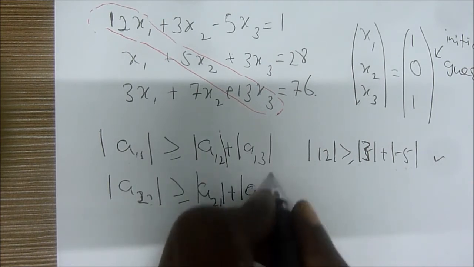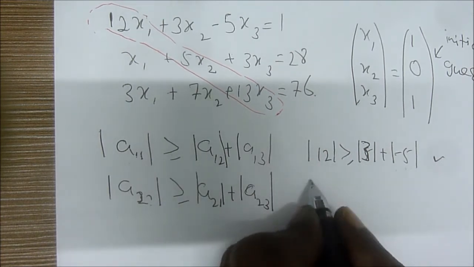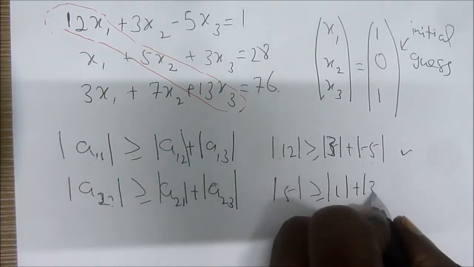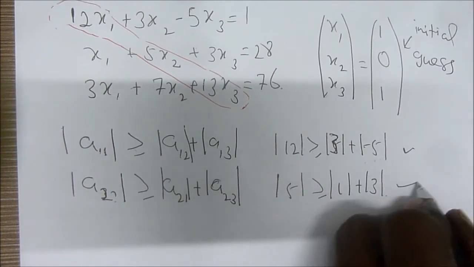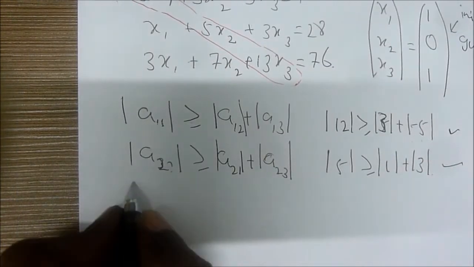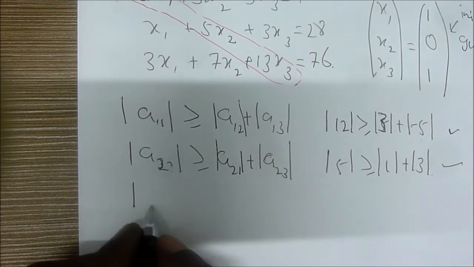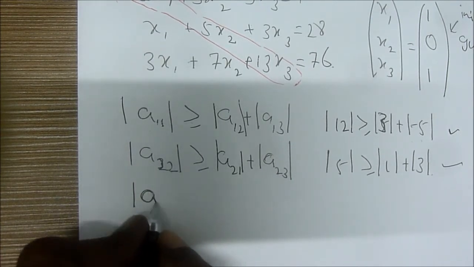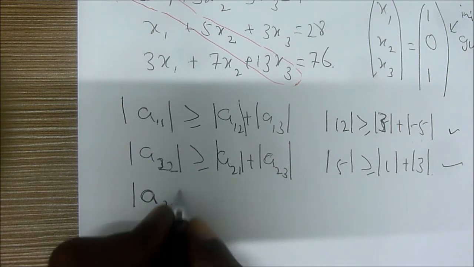Give me 1 minute. We need to take the modulus and check again at this part, whether we are taking care of the diagonal. Yes, this is less than. Now we need to check. You see, Gauss Seidel can work very effectively for this scenario only.